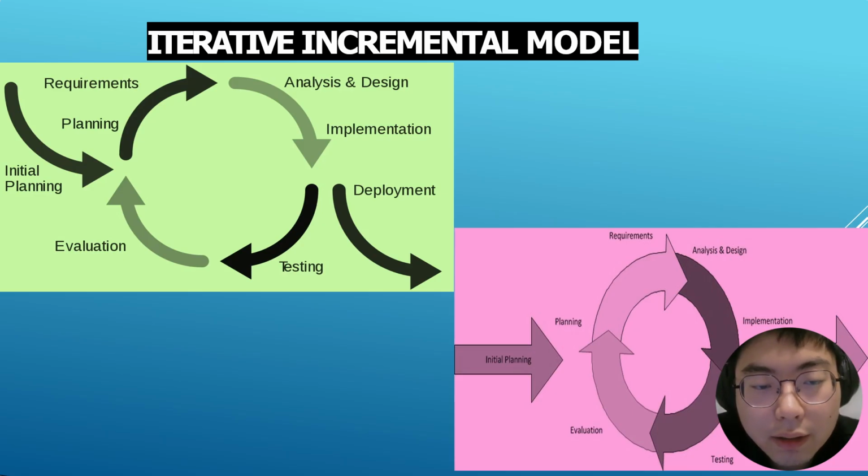The key advantage of this model is its flexibility and ability to manage risks. It allows for feedback and adjustments throughout the development process, making it much better at handling changing requirements and ensuring the final product truly meets users' needs.